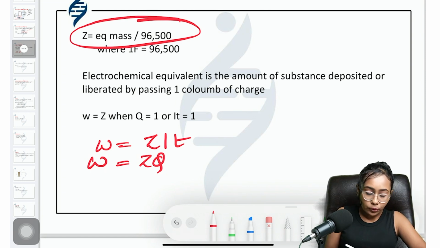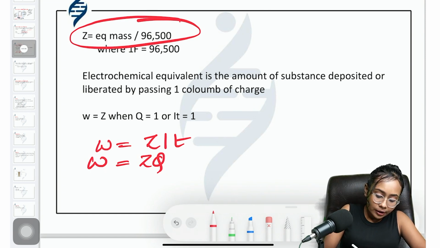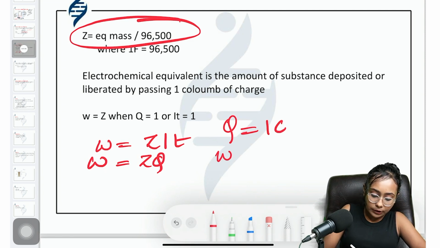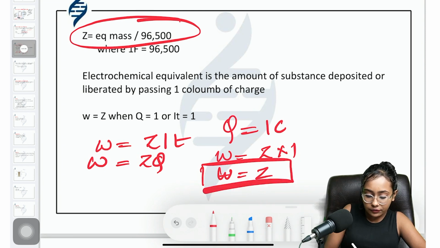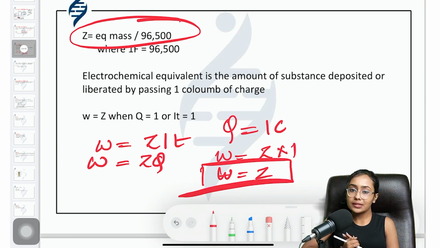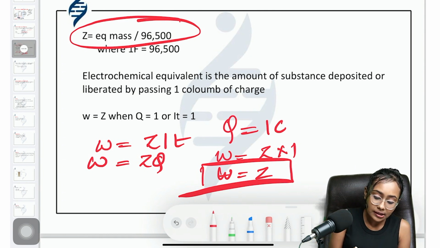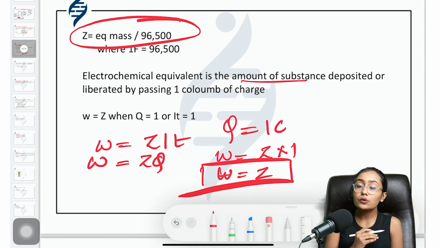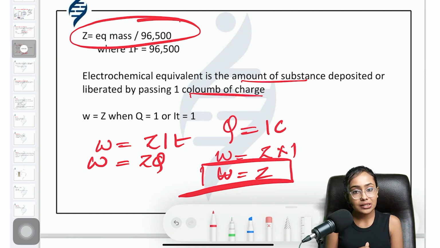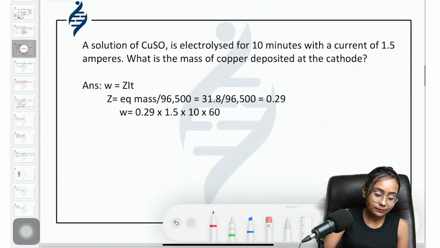When Q equal to 1 coulomb, W equal to Z into 1, that is, W equal to Z itself. So we can define the electrochemical equivalent as the amount of substance deposited or liberated at the electrode when 1 coulomb of charge is passed through it.